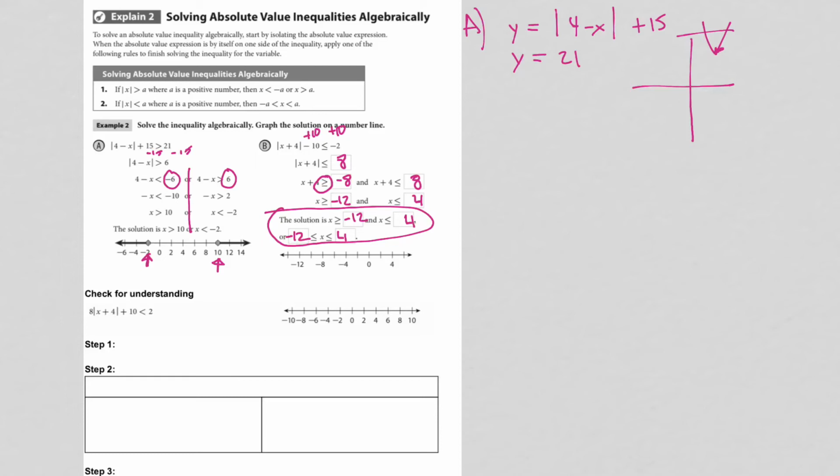And if I were representing this on the number line, you basically have a filled in circle because of that equals symbol right there, and a filled in circle here, and then you connect the dots, right?